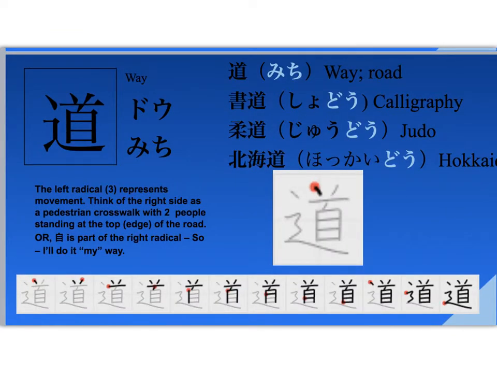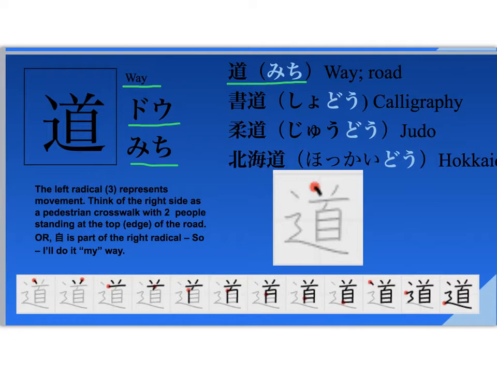This next kanji means the way. So it has sort of a concrete meaning of road, but it also means a way of doing something, right? So do is the Chinese reading, the onyomi. The kunyomi is michi. So by itself, it's read michi, which means the road or the way.